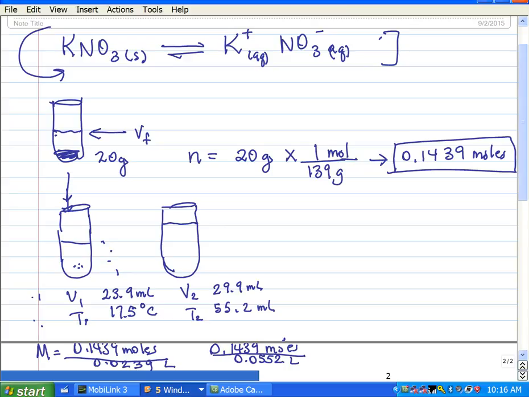So from the data that you have in this trial sheet right here, that's what the first thing for us to do is going to be. So the first thing that we need to do is calculate concentration.